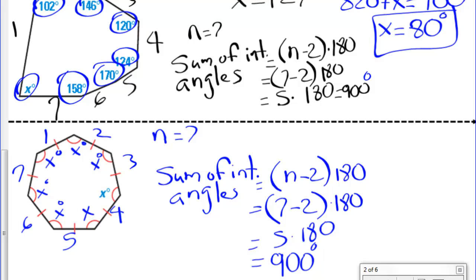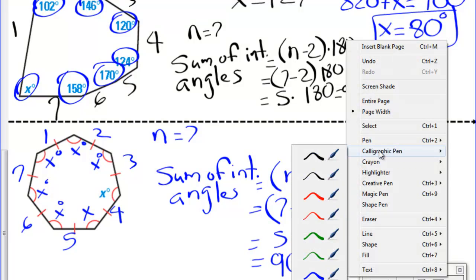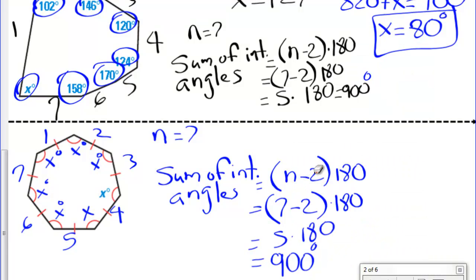Okay, so now I can create my equation. I have 7 angles, and each of the angles has a degree measurement of what, class? Correct, x. So I can say x plus x plus x plus x. Is there a shorter way to do this? Correct. So we have 1, 2, 3, 4, 5, 6, 7. So we could just say 7x.